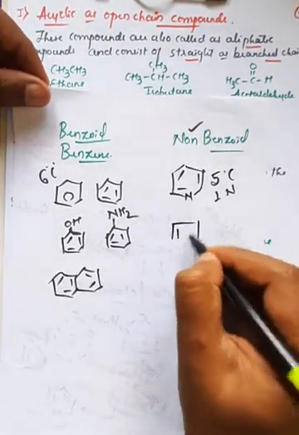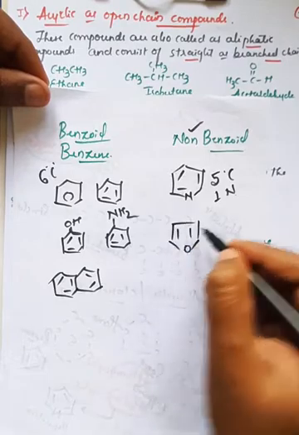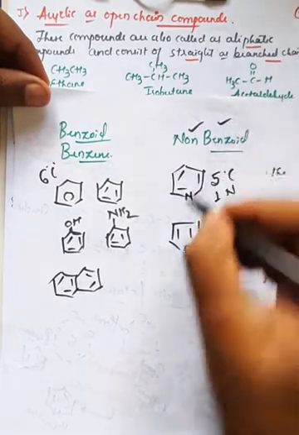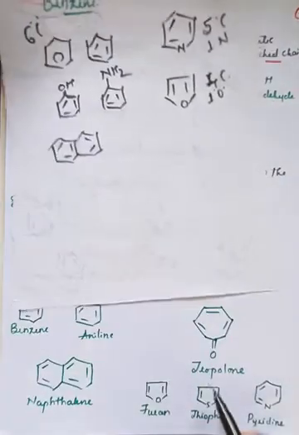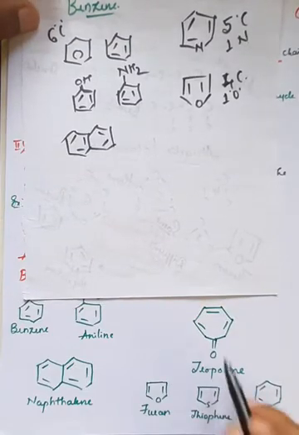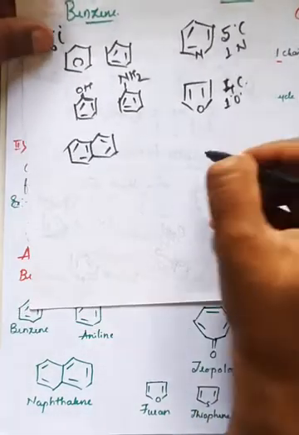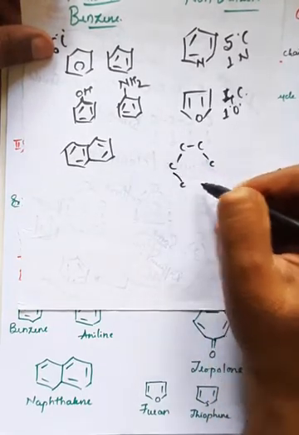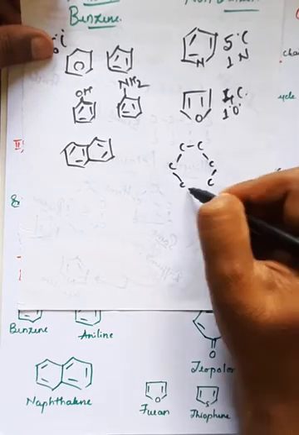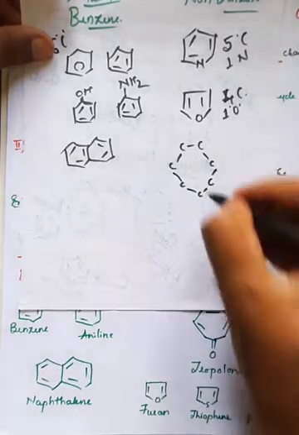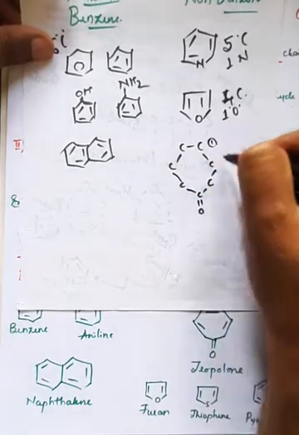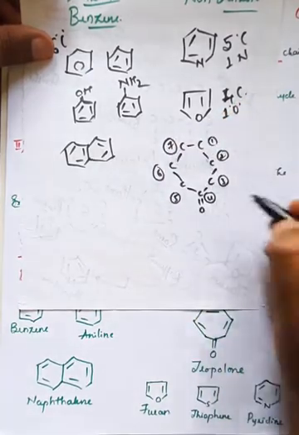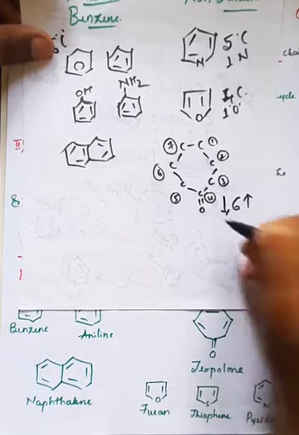Similarly, if you take furan, there is an arrangement of 4 carbon atoms and 1 oxygen atom, so this is also an example of non-benzoid. Similarly, if you take tropolone, there are 7 carbon atoms: 1, 2, 3, 4, 5, 6 and the 7th carbon, which is further bonded with oxygen.